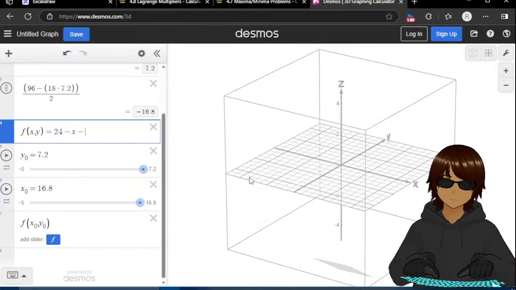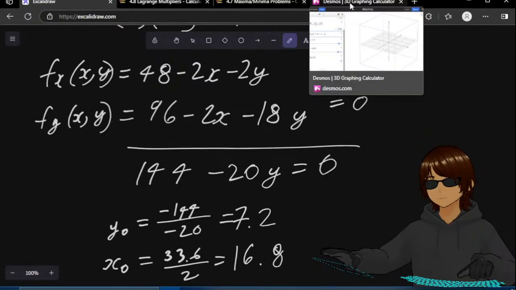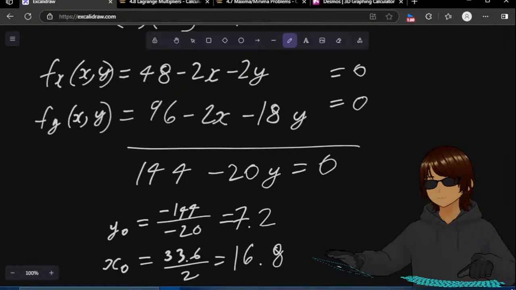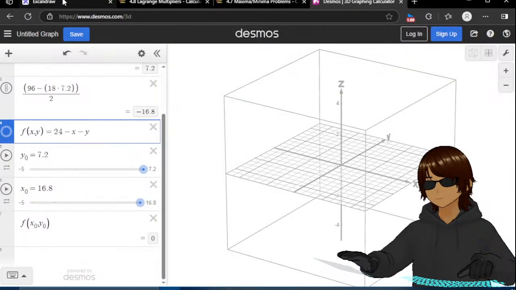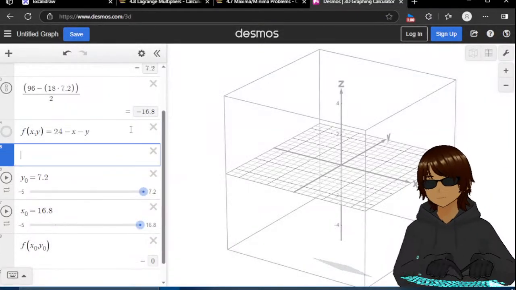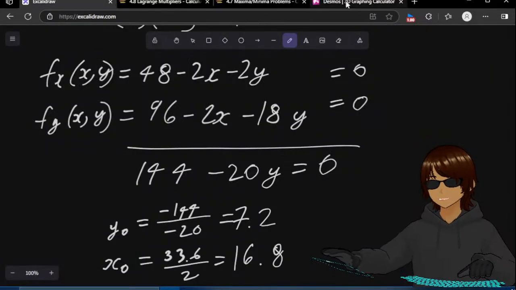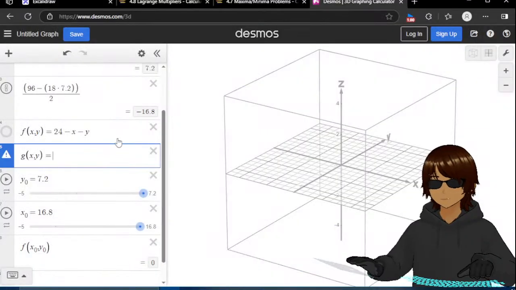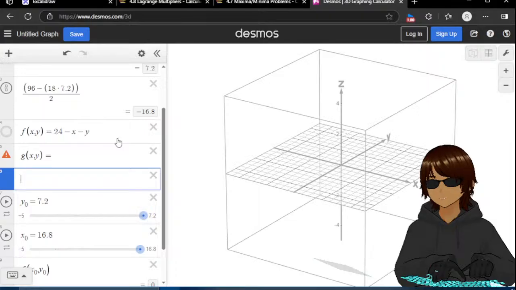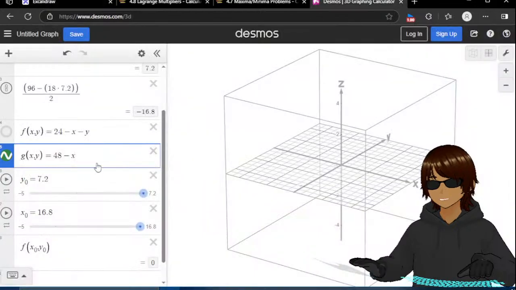Twenty-four minus x minus y. It is 96 by 2, 48 minus x minus 9y.